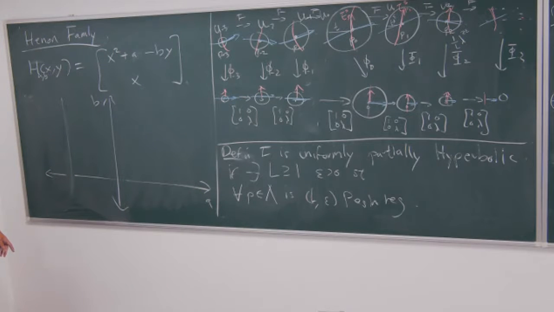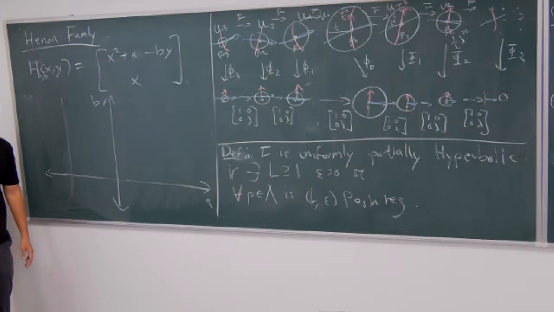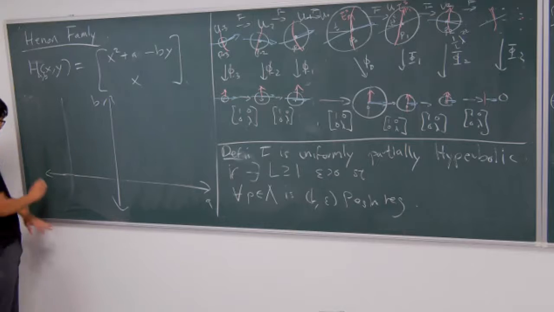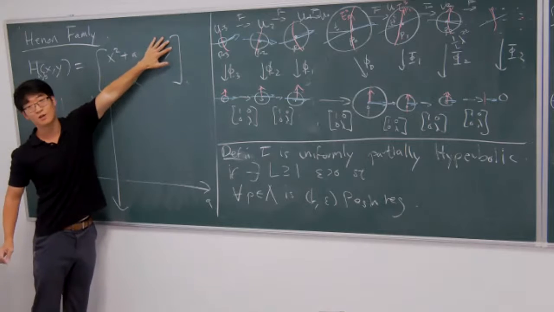Okay, so here's what we have so far. If you have a one-dimensional renormalizable map, so the one-dimensional maps are when the Jacobian is equal to zero, then you just have x squared plus a, and you can just ignore the technical details.